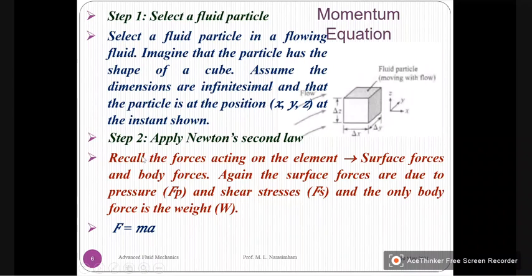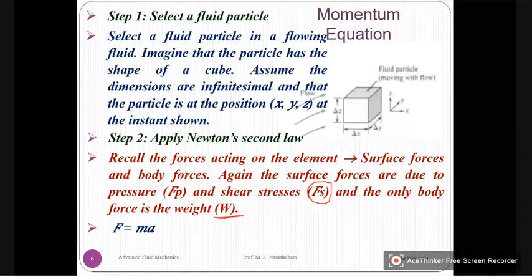Now, what we do is we apply Newton's second law. The forces acting on the element are surface forces and body forces. Again, the surface forces are due to pressure and shear stress. Here this is the additional thing we get. And of course, the body force, and we will consider the lone body force as the weight of the element.